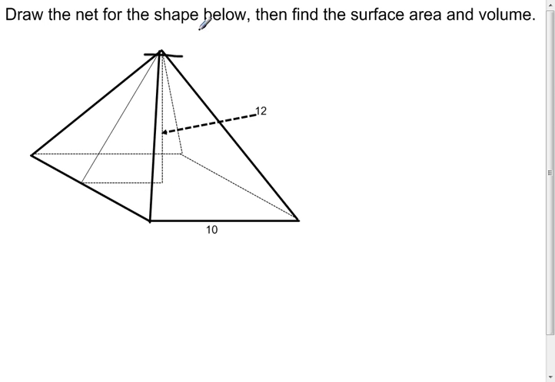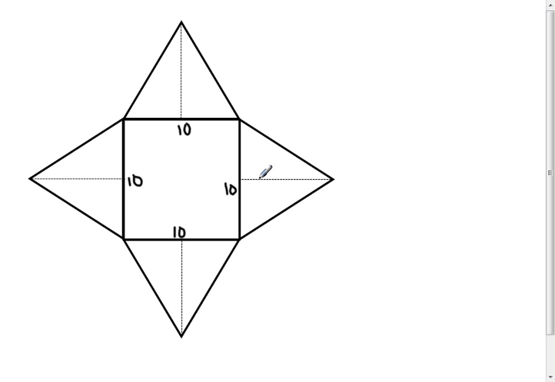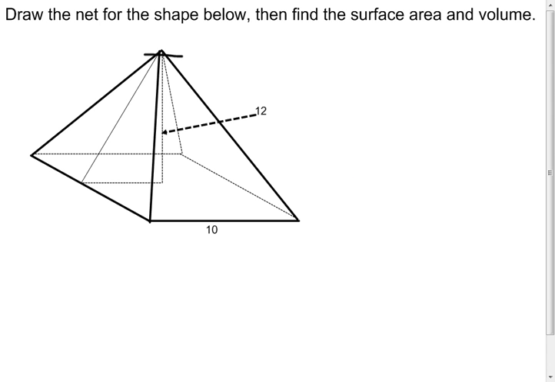When we clip this, the walls fall down and it becomes flat. It's no longer 12 tall. So the temptation is to write 12 for the height of the triangle, but 12 disappears when you draw the net. This diagonal line here is called the slant height. We'll label that as the slant height.